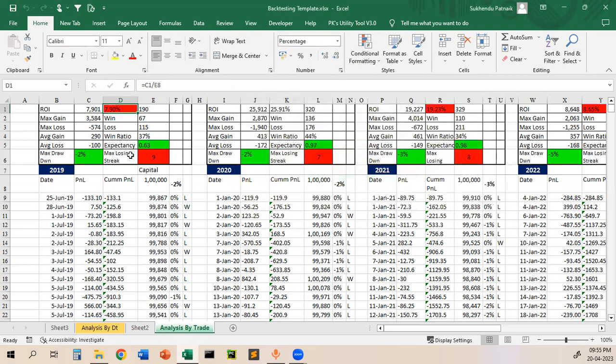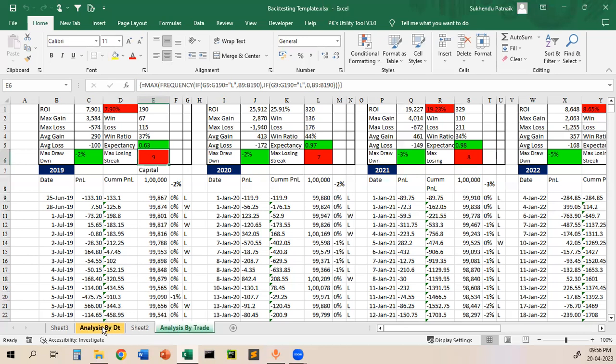For each of these cells, we are looking at 4 metrics: ROI, max drawdown, expectancy, and maximum losing streak. These are the 4 we check to see whether the strategy is working for us or not. Out of these 4, if at least 3 are green, then we should consider evaluating it further. If 2 are red, then the strategy doesn't work for us. So this is the analysis by trade.